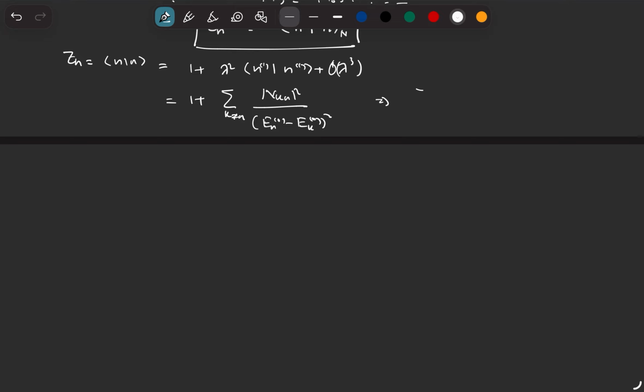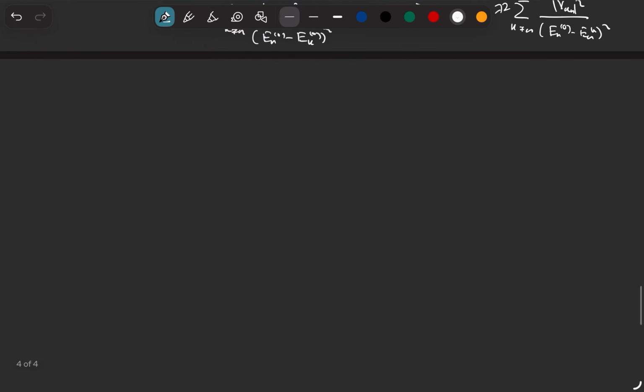And this implies that Zn is roughly equal to 1 minus lambda squared sum over k not equal to n of Vkn squared upon (En0 minus Ek0) whole squared.